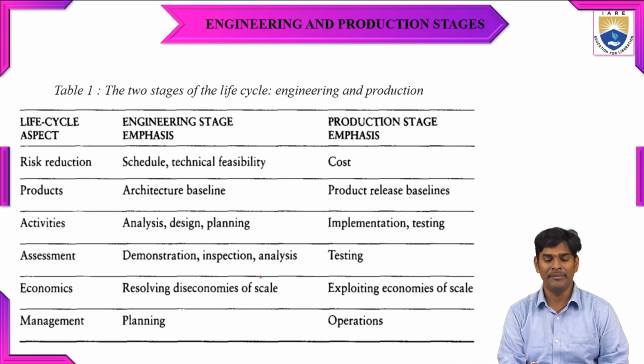In the assessment of the engineering stage, they need to give demonstration, inspection, and analysis. Whereas in the production stage, testing will be performed because the final product needs to be delivered. And economics: here they try to resolve the diseconomy of scale in the engineering stage, whereas the production stage emphasis exploits the economy of scale. And the last one is management.